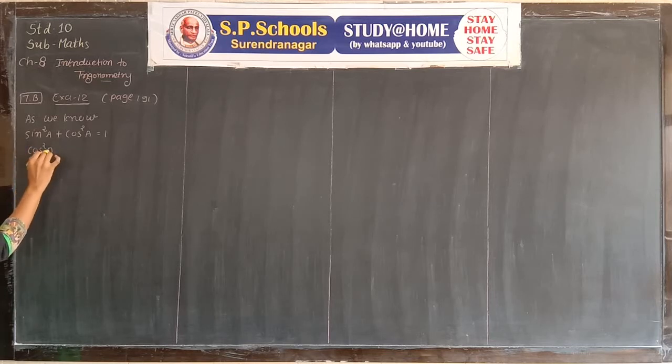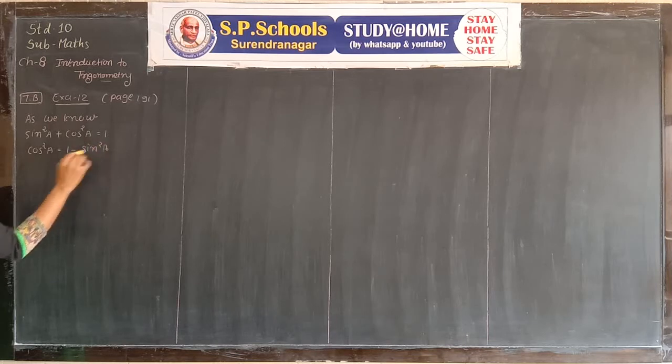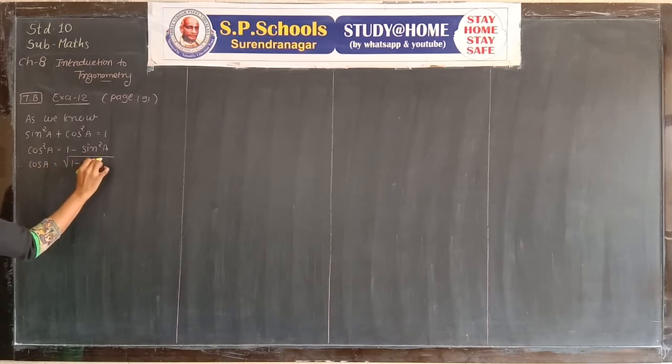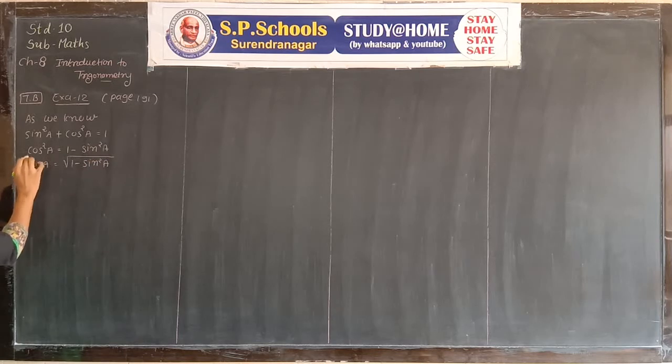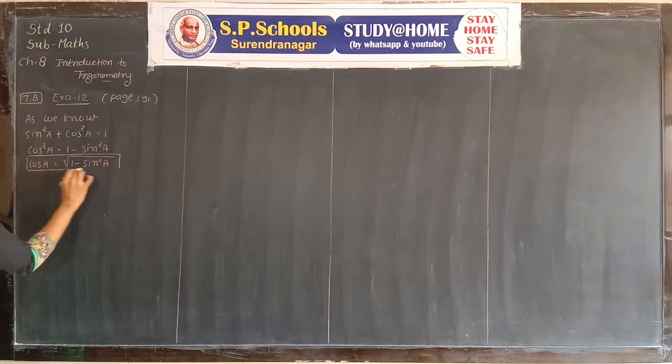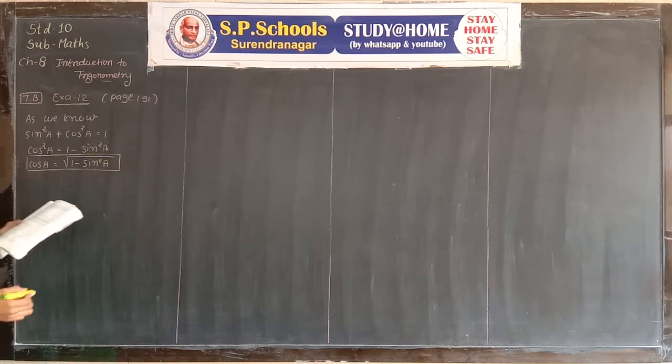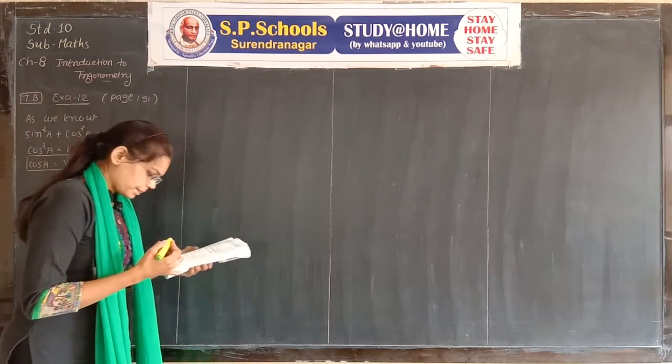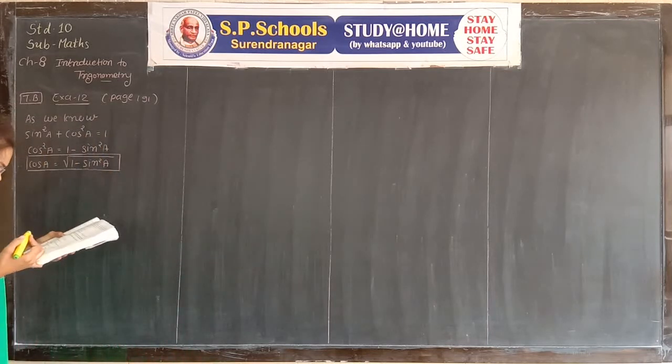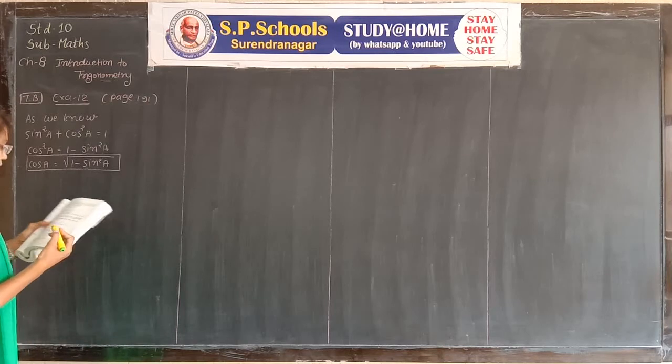Cos square A is equal to 1 minus sin square A. By taking square root, cos A is equal to under root 1 minus sin square A. It is the first value of cos in form of sine. Next thing is tan and sec.